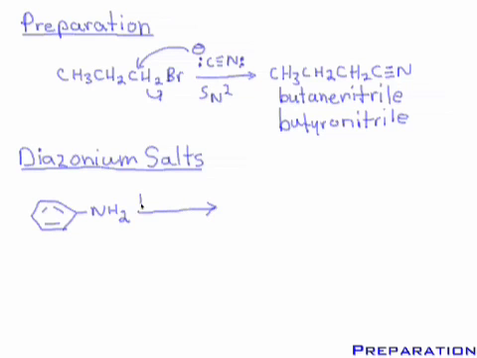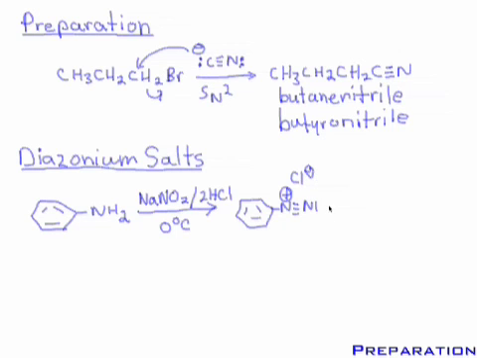If we react this with sodium nitrite in 2 HCl at 0 degrees C, we can make benzene diazonium chloride. Benzene diazonium chloride has an N triple bond N, which is a very good leaving group, attached to the ring, with Cl minus.